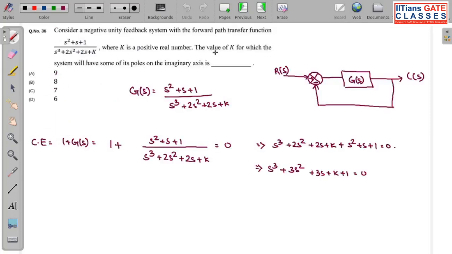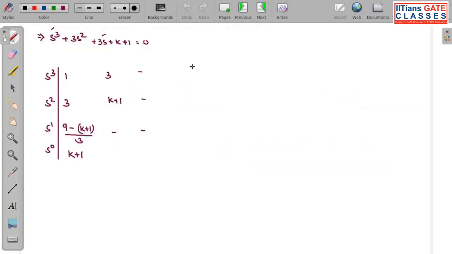Okay, now what have they asked you? The value of K for which the system will have some of its poles on the imaginary axis. So let me ask you, what is the criterion to get poles on the imaginary axis? Very good. So you people thought the right thing.